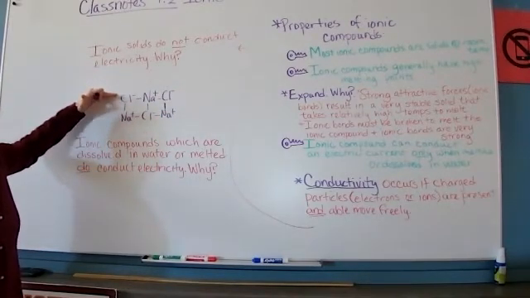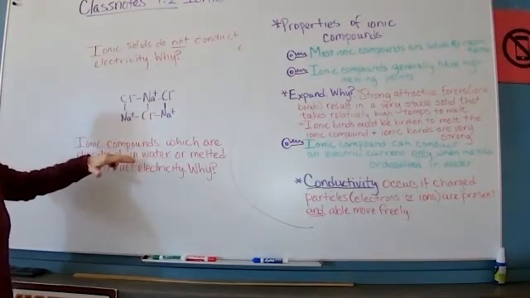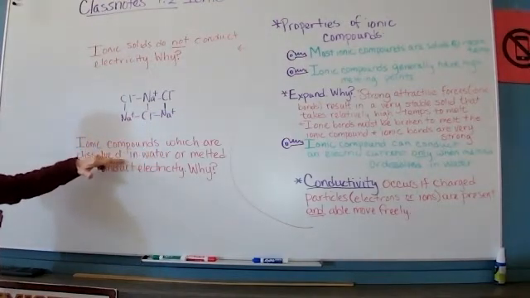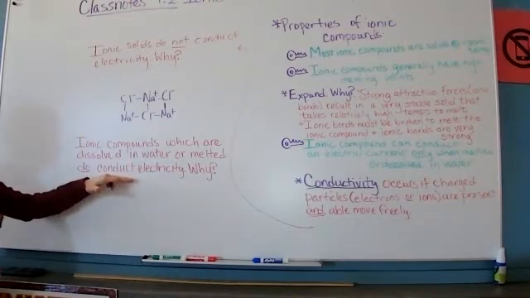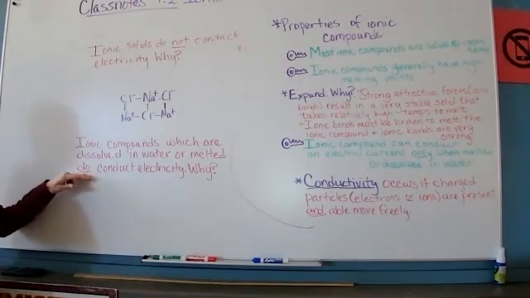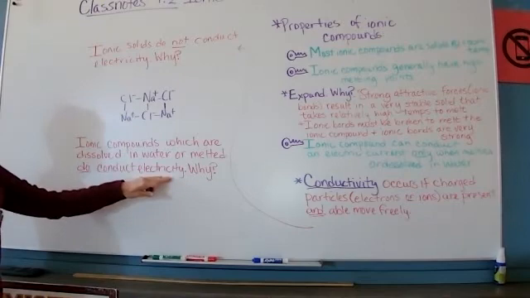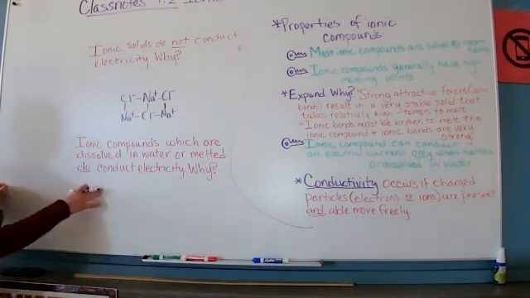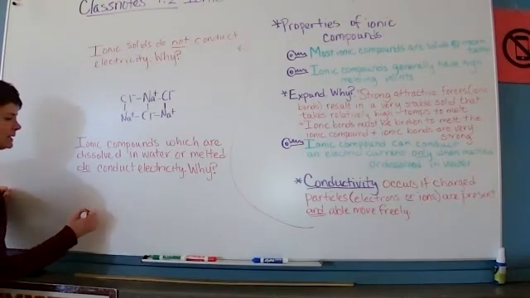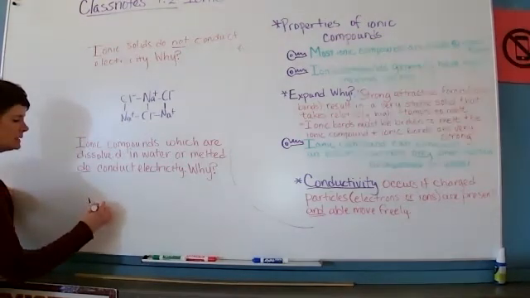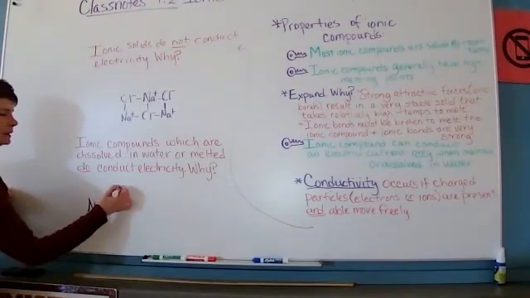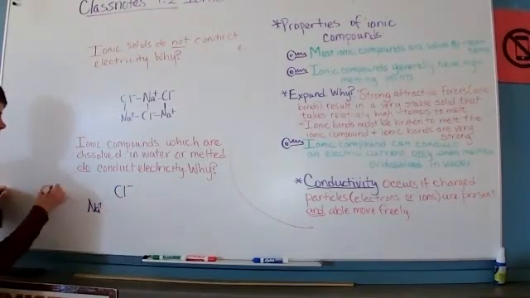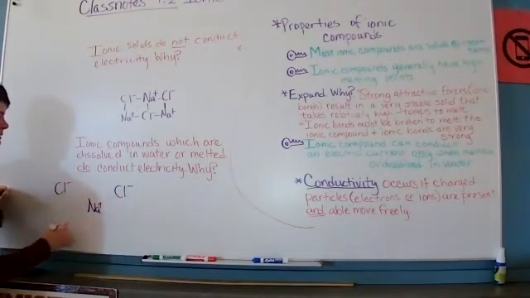So what's different when those ionic compounds are dissolved in water or melted? Well, what happens is we find that they do conduct electricity, and we want to think about why. When we dissolve ionic compounds in water, what happens is that our ions are released from the crystal and able to move freely.